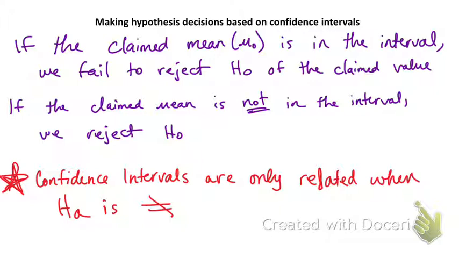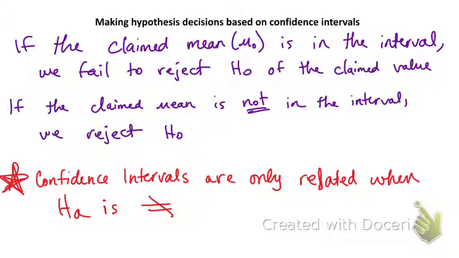Okay, so with this information in mind, you should be able to do the next two examples pretty easily, as long as you remember how the confidence level is related to the alpha. So if your confidence level is 95%, what's your alpha value? 0.05, 5%.